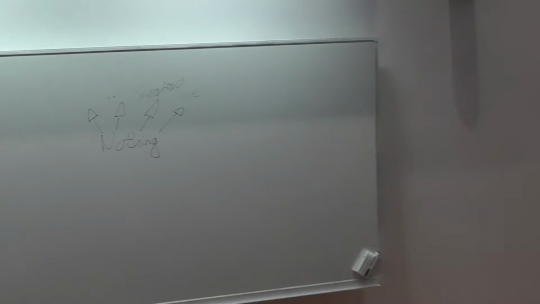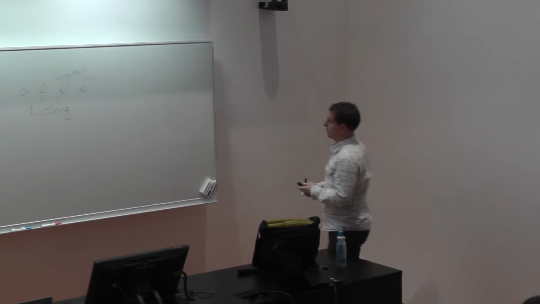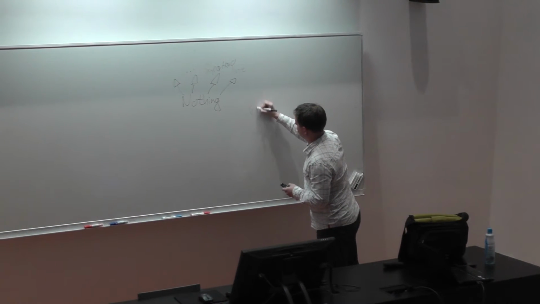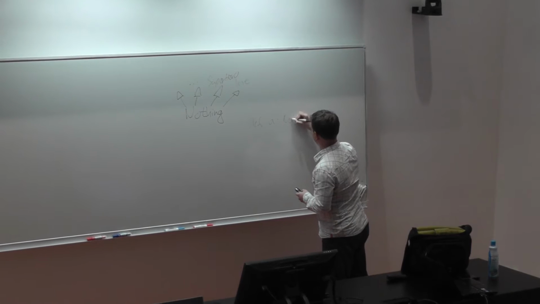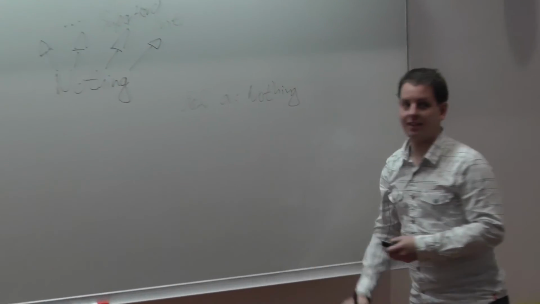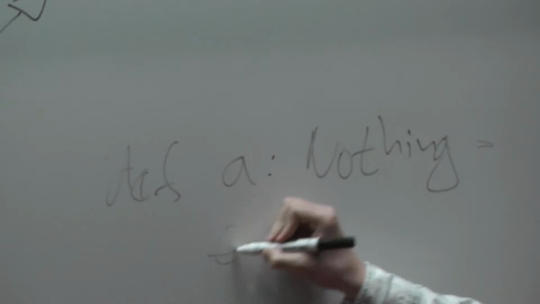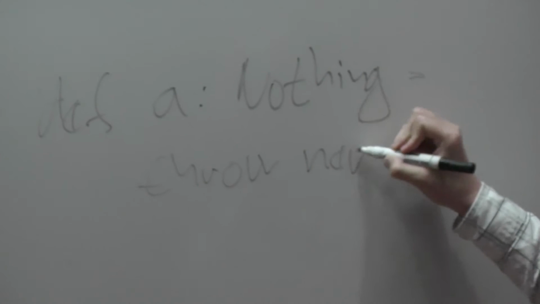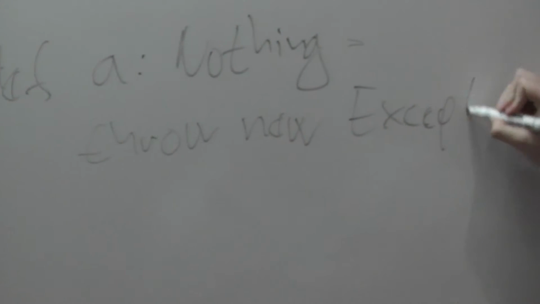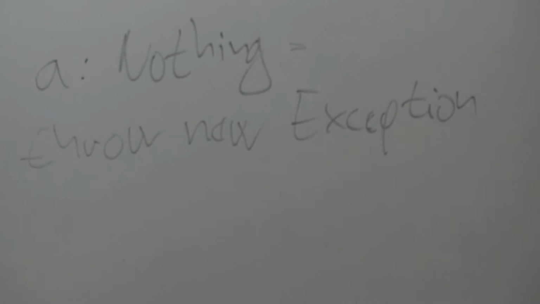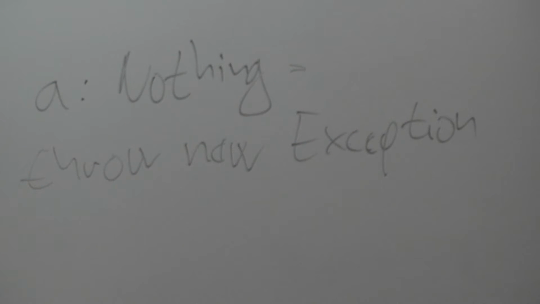And if you say that your function returns Nothing, that means that the function will never end normally. It will be interrupted by something. For example, it may terminate the JVM or throw an exception. So if it throws an exception, it conceptually returns nothing.